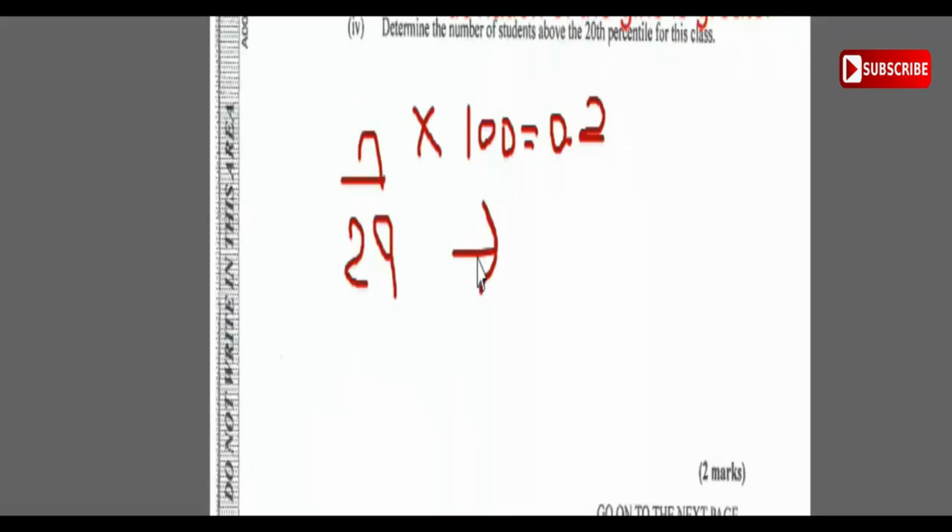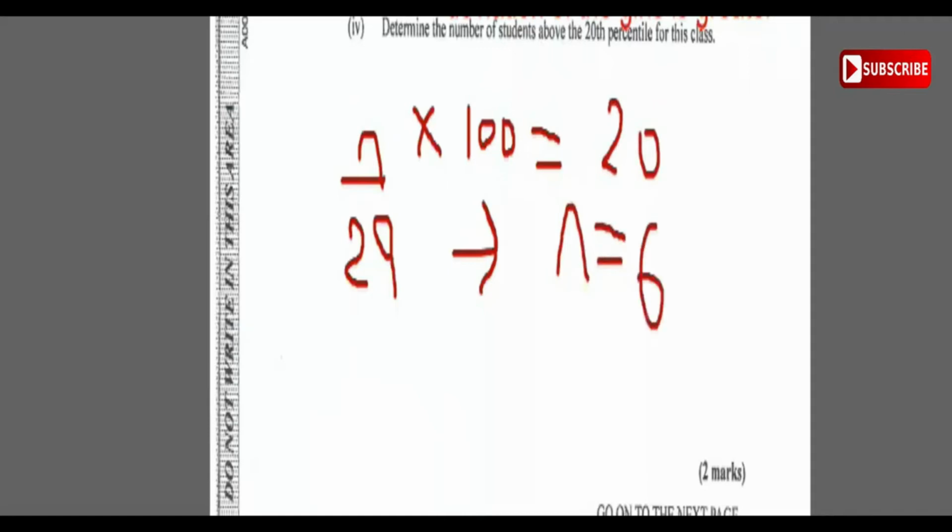Then we multiply it by 29. This should have given us the number of students out of 29. I shouldn't put 0.2, let me put 20%. So solving for n from this, I'm getting n is 6. N equals 6.